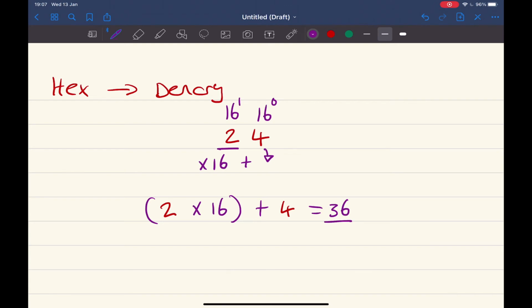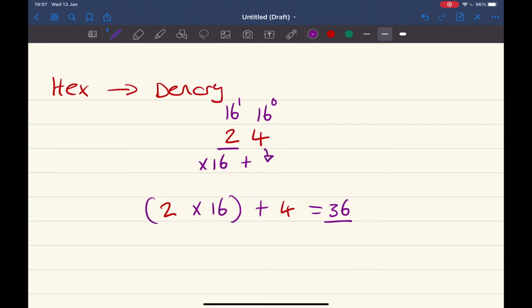So our answer now would be 36. So that's one way of converting hexadecimal to denary, is by using your times table. So your 16 times tables are going to come in very handy, and we will be practicing them, we will be learning them as we go.